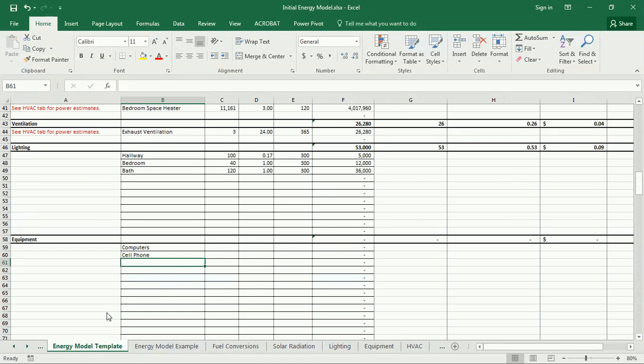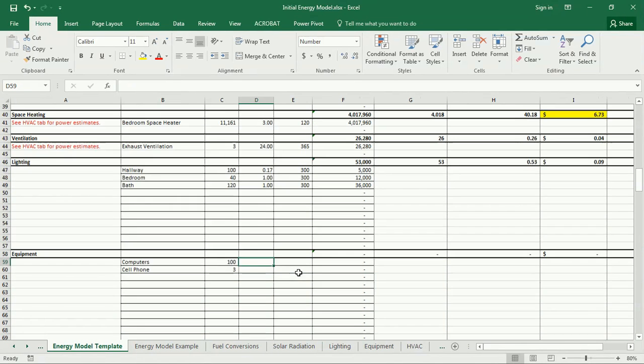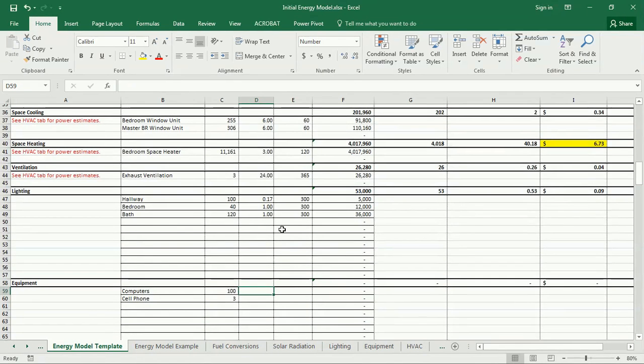So enter the power for whatever equipment you come up with for your analysis zones, and then the time that you're using them. In the case of something like a cell phone, keep in mind, and this is true for laptop computers too, that what you're counting, or should be counting, is the time that they're charging.